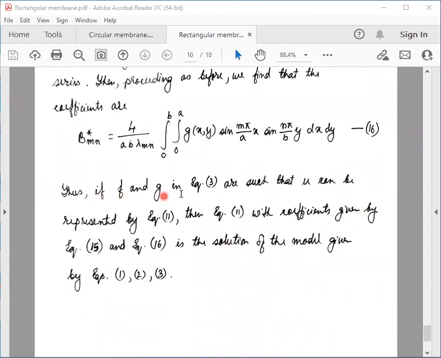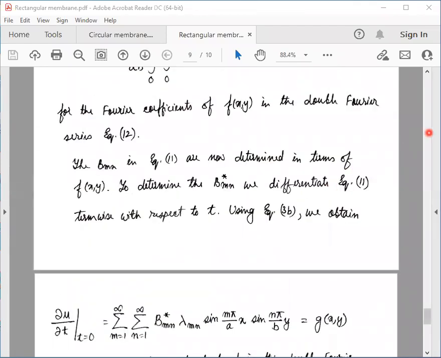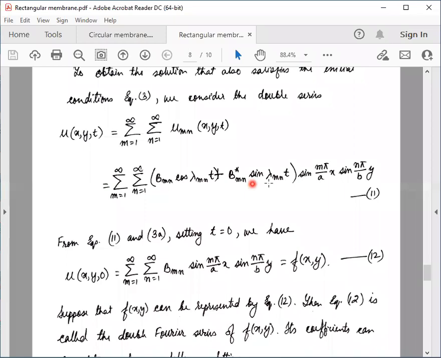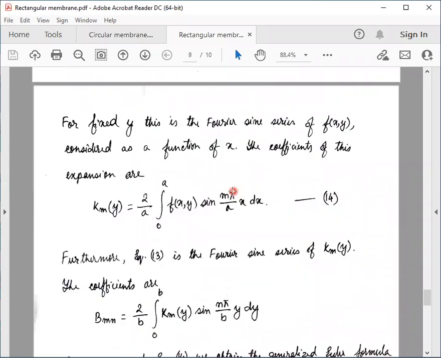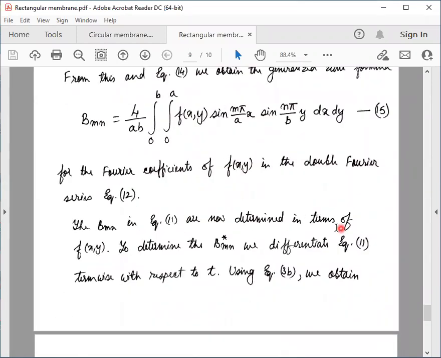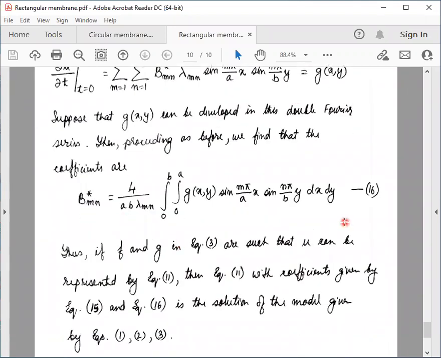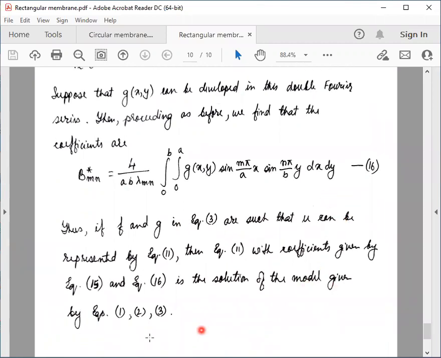Thus, if f and g in the initial conditions, equation 3, are such that u can be represented by equation 11, a double Fourier expansion for u, then equation 11 with coefficients given by equations 15 and 16 is the solution of the model given by equations 1, 2, and 3.